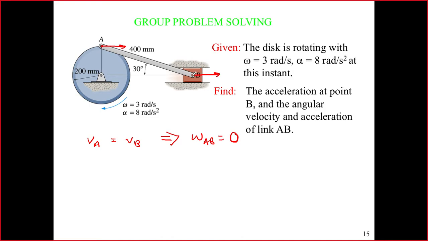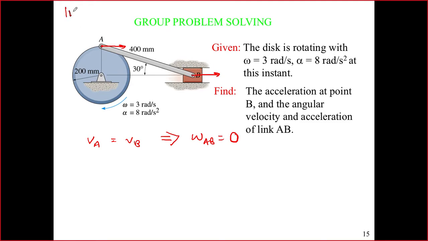There is no relative rotation of B with respect to A, because for this instant this is what is happening with the mechanism. Both are moving horizontally, and hence we see there is no relative rotation of B with respect to A.